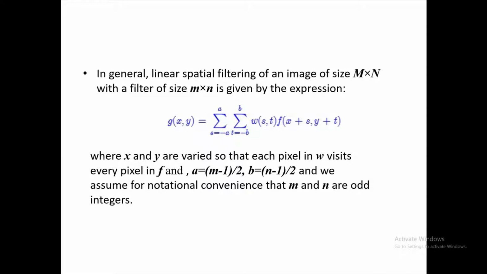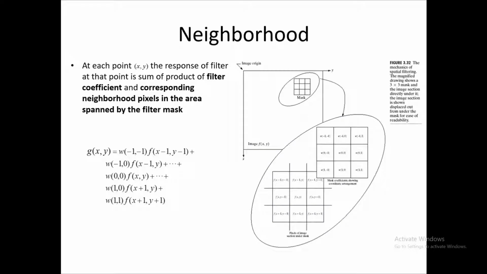What we do is our focus is on filters of odd sizes, and the smallest size is 3 by 3. In this case what we have is a 3 by 3 size.